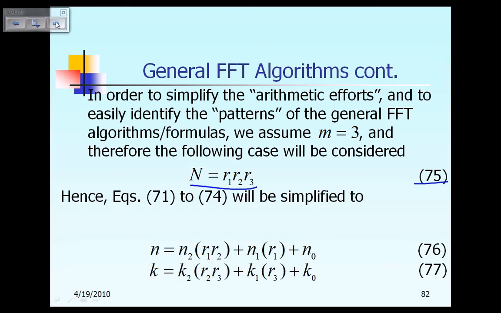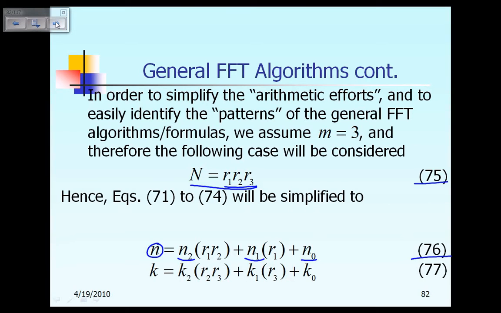Based on the assumption that capital N is expressed in terms of the 3 integer product R1, R2, R3, and based on the previous formula that we developed, now we say the small index n can be expressed in terms of n0, n1, n2 as shown in equation 76.